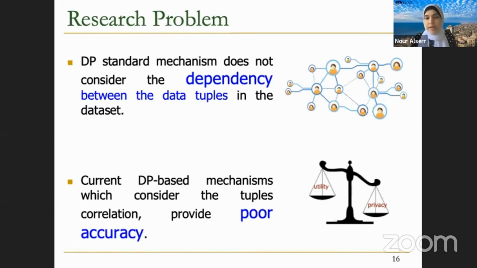What do I get from the query result if I'm adding too much noise? How much utility and accuracy do we have? So we need to find a way to have the privacy guarantees, and also a trade-off between the privacy guarantees and the accuracy or utility of the data.